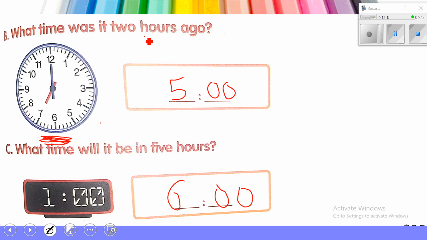So 7, let's go back before 2 hours. 7, behind 7, 6, and then 5. So I jump 2 back. The answer is 5. Now I want what time will be in 5 hours. After 5 hours, 1 plus 5, it will be 6 o'clock.